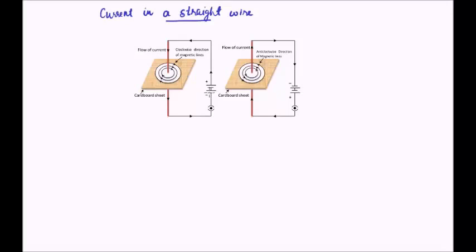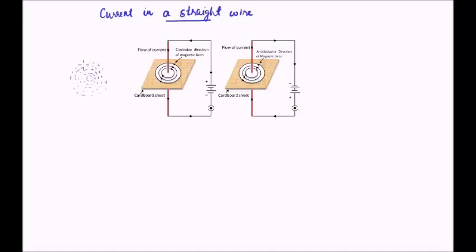But what is interestingly observed is that the iron filings will rearrange themselves in concentric circles. So you will see many different circles of iron filings. They will basically circle up with the wire at the center of the concentric circles formed by the iron filings.